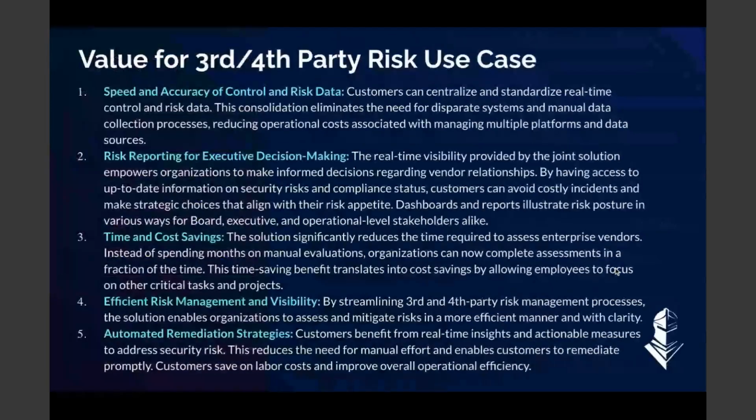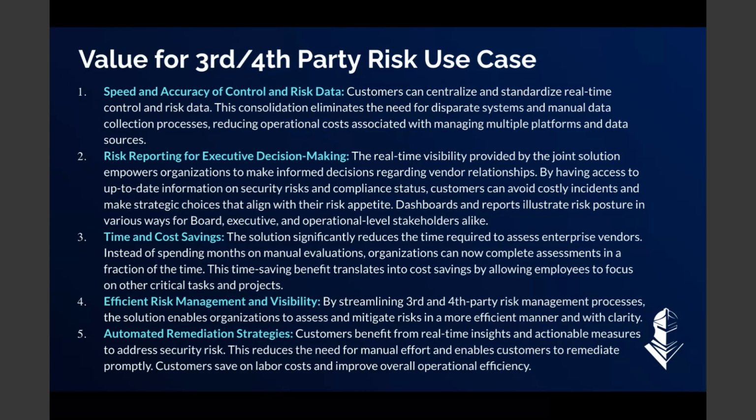So here's the value for the third and fourth party risk use case. Speed and accuracy. What are we talking about formerly? If we look at formerly, we're talking about individuals going in to self-attestation assessments, checking them, aggregating them across all of the ISVs, across all vendors. And we still see this problem at scale in enterprise outside of the cloud.